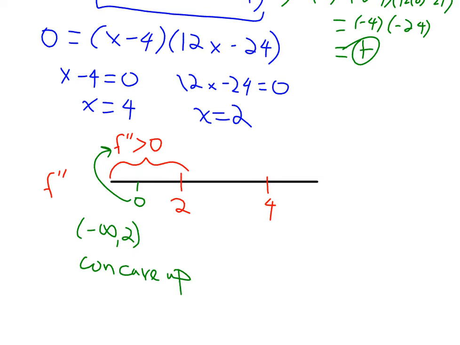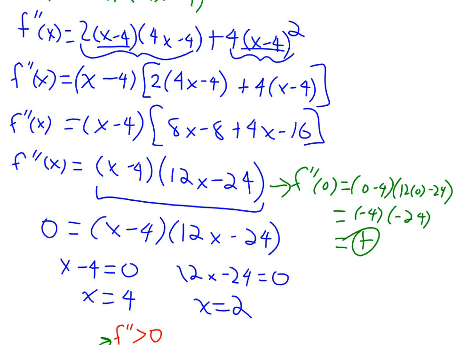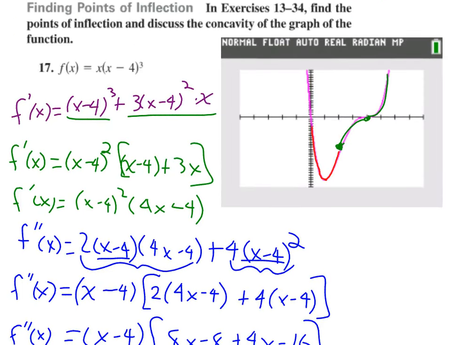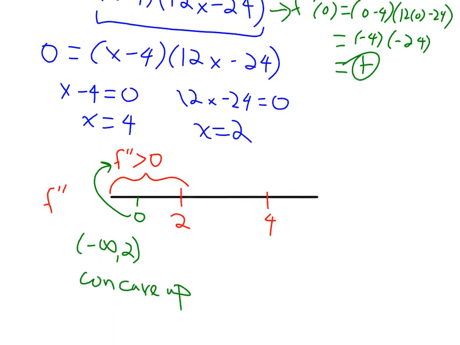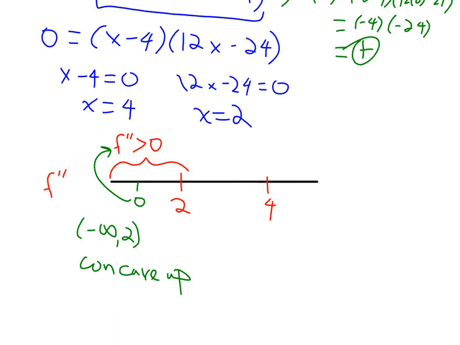Now again, I think we said that between 2 and 4 it would be concave down. So let's pick a number in that interval and test it in the second derivative. Let's pick nice and tidy 3.